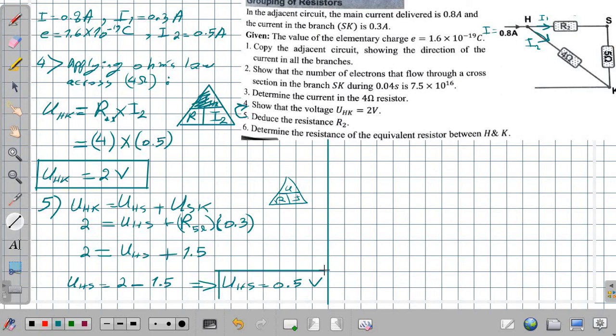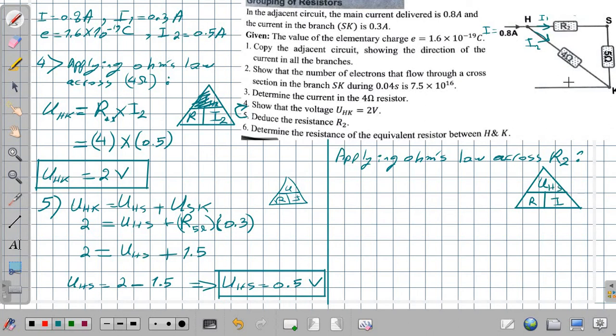بما انه صار معنا الفولتج across R2 فينا نطبق Ohm's law على R2 لحتى نحصل على R2. Applying Ohm's law across R2 we will get, let's construct the triangle of R2. URI. بما انه عم نطبق Ohm's law across R2 حناخد التيرمينالز لل R2 اللي هن HS.